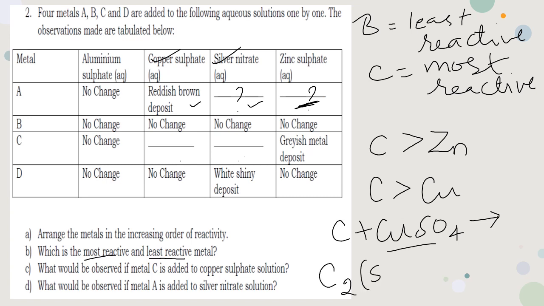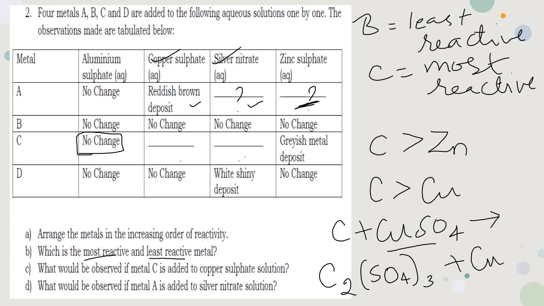And now you know why I'm writing C2SO4 thrice, because I have already realized that C is aluminium. Aluminium is displacing zinc, silver, and copper, and it is showing no change in aluminium sulfate. That's very obvious. So blue color of copper sulfate changes to colorless because aluminium sulfate is formed and reddish brown copper gets deposited.